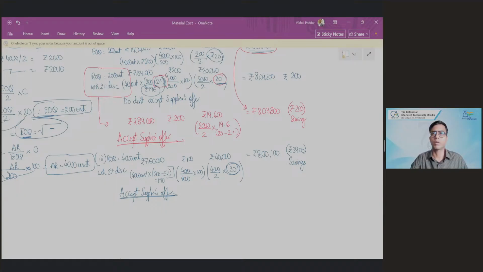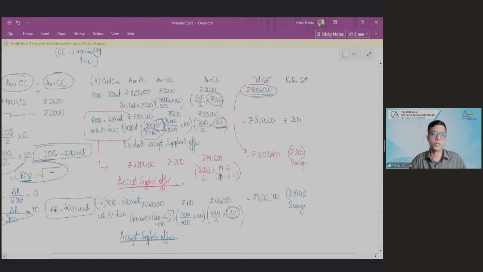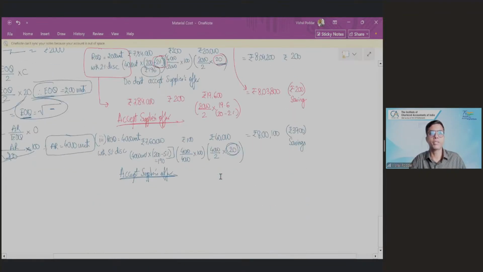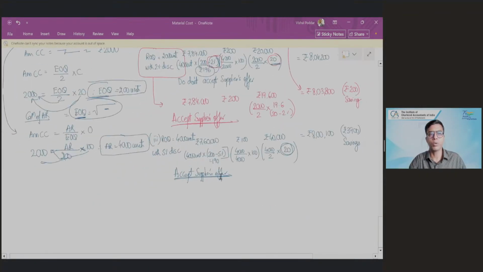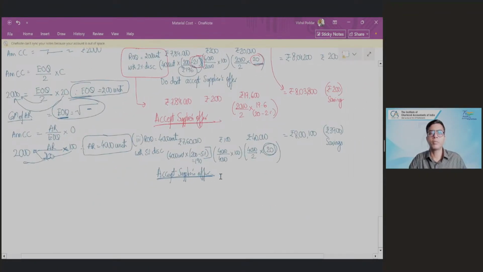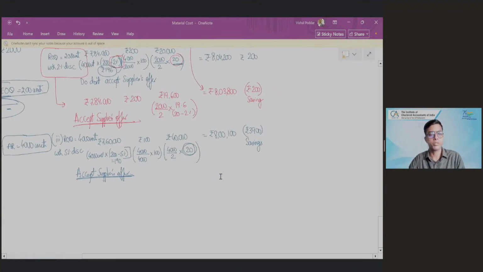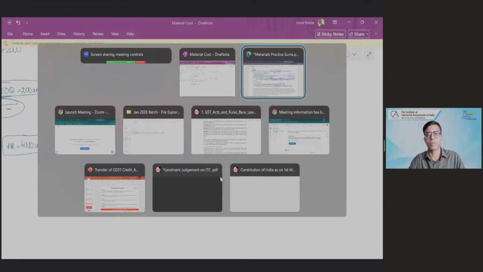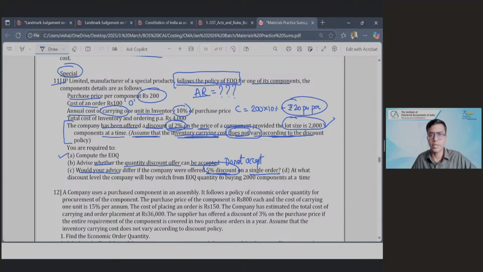Okay, great. Now there is a fourth question, a very interesting question, though it is slightly mathematical. What is this fourth question? They are asking at what discount level the company will switch from EOQ to 2000 units.